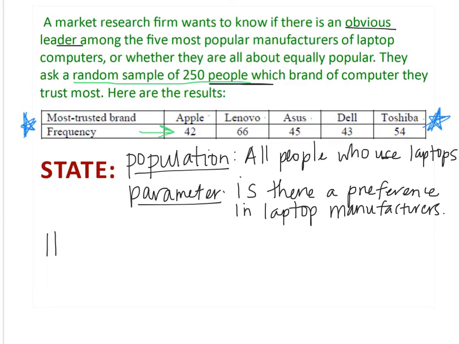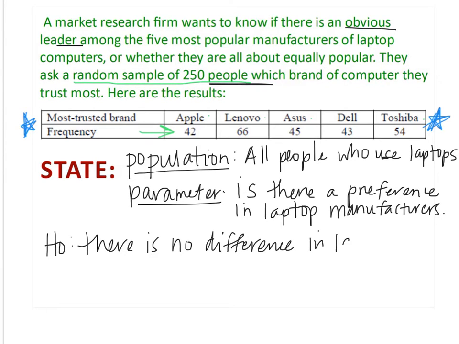The null hypothesis is always the no difference one. So there is no difference in laptop preference.